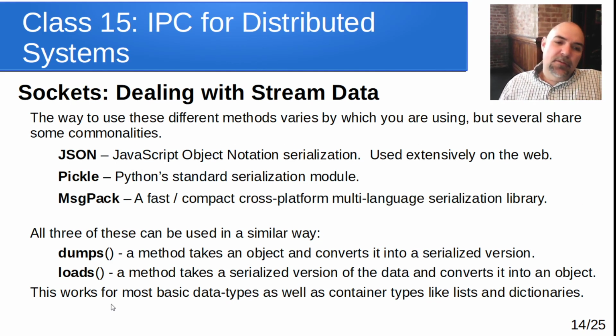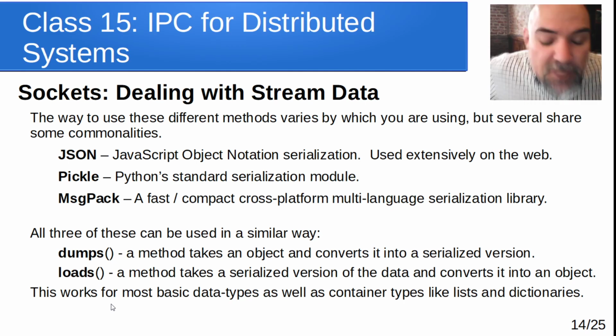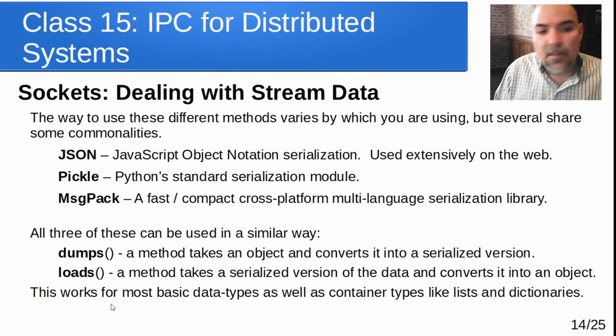Okay, so a couple things here that I want to quickly mention. JSON and Pickle and Message Pack all have some commonalities, and I could put XML in that as well.